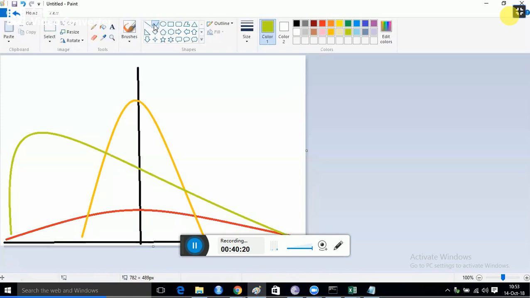This curve can also be like this. Let me do a freehand drawing of that, represented by this pink line. High variety of data can be like this as well. This can also be high variety data.